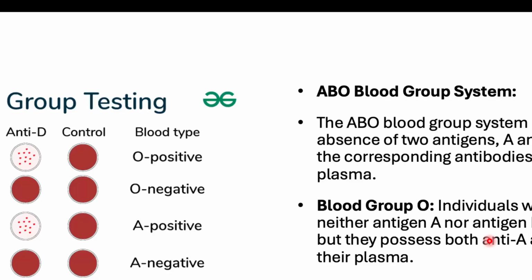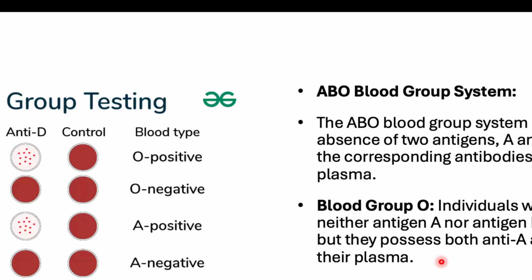If you imagine a blood group O blood cell, imagine an RBC, the blood cell does not have any antigen. That is why it is blood group O. No antigen A, no antigen B, but it has antibodies against antigen A and anti-B. So if you take the plasma of their blood, it has both anti-A and anti-B. So this is where you guys got confused. But the O blood group blood cell as such does not have any antigen.